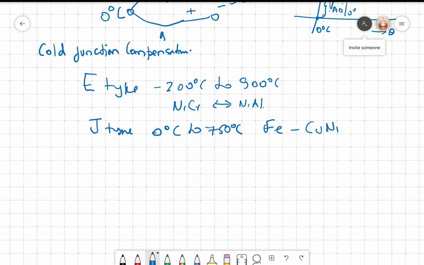Depending upon the type, the J type and E type differ in error. E type has about 0.7 degree centigrade error. This has almost 2.2 degree centigrade error.